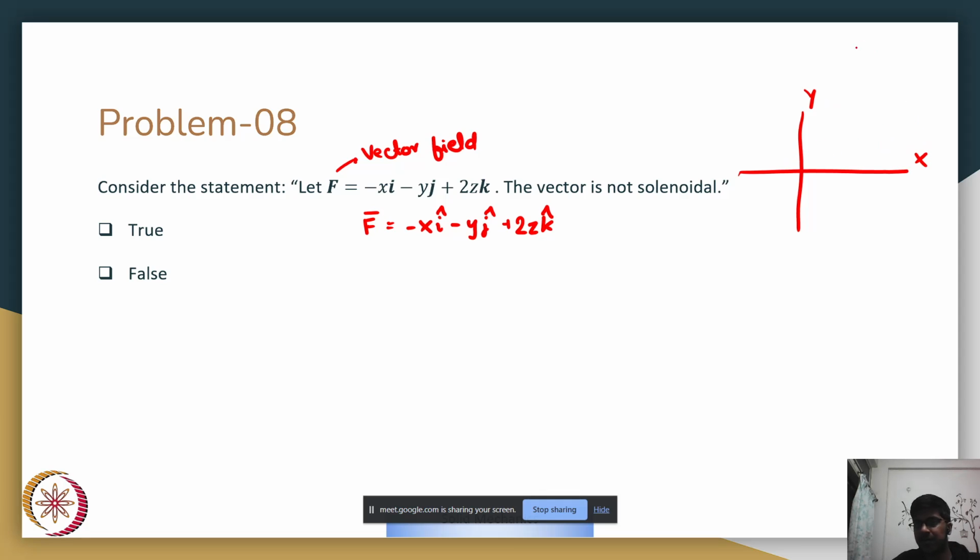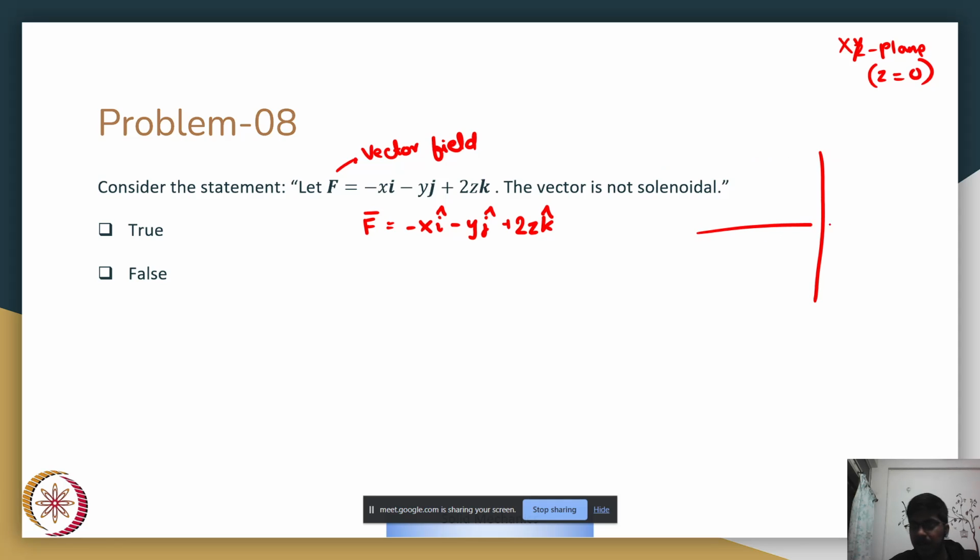So if this is basically the xy plane, or z equal to 0, you would essentially have something like this, a field which is pointing towards the origin, like a radial inward field.